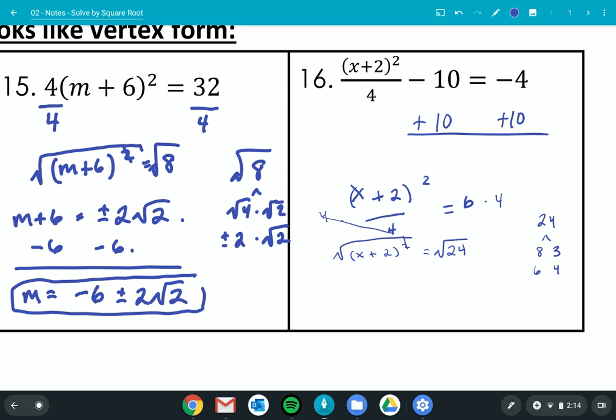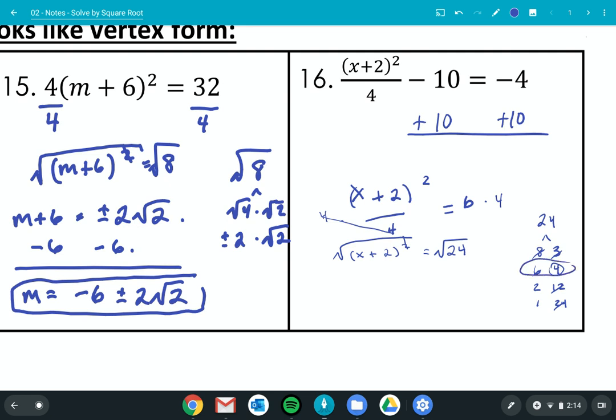I've got 2 and 12. And I've got 1 and 24. What's the largest perfect square? 8's not a perfect square. 3 isn't. 6 isn't. 24 isn't. 12 isn't. Ooh, 4 is. This is my largest perfect square. So this is going to be my pair that I'm going to choose.